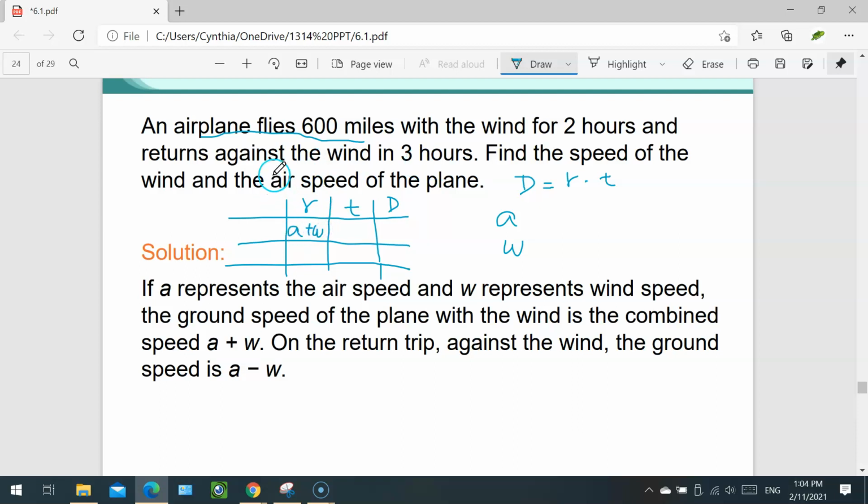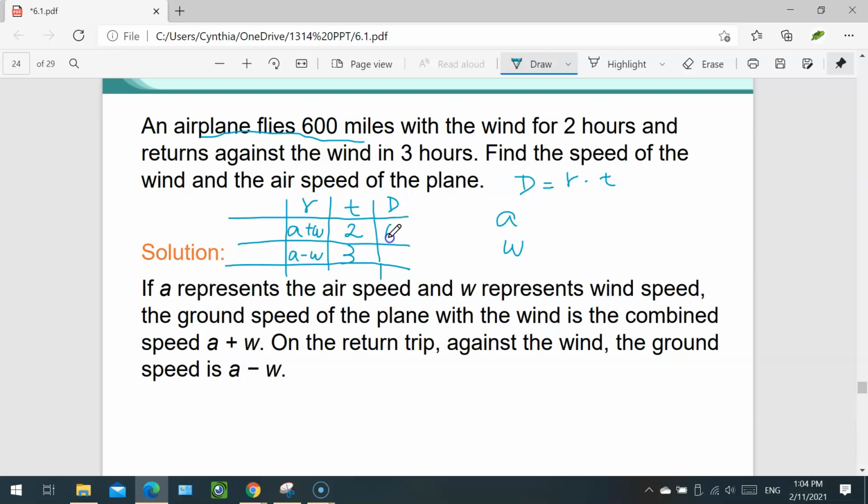On the return flight, it has the wind against it, so we have to subtract the two rates. The departure flight takes 2 hours to get there. The return flight takes longer because it's against the wind.